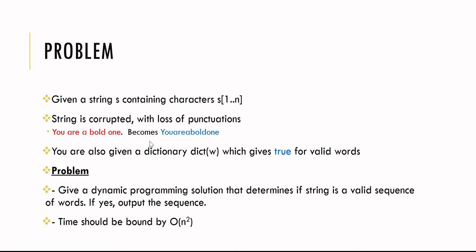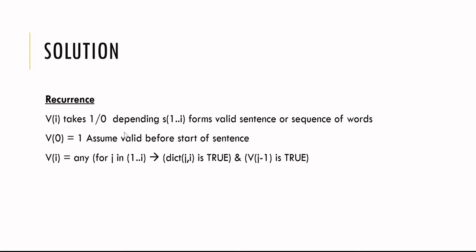So with that, let's look into a recurrence or a way to solve this so that we can work through all possible situations. We will define this V(i) function, and this function will output 1 or 0. V(i) is the final solution, which is what is being asked in the question: is there a valid sentence preceding position i?